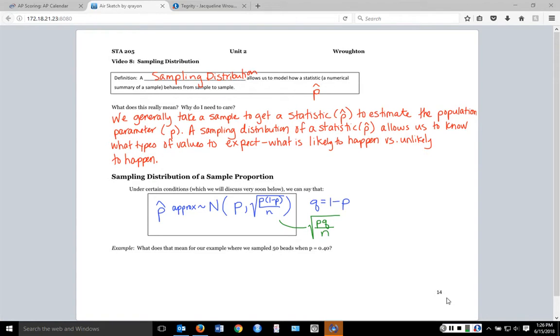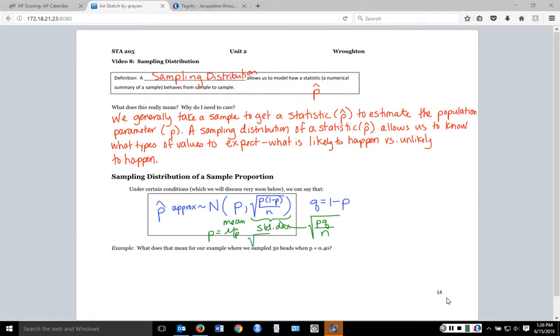Also, we're going to do a little bit of notation here on the side. So as I said here, this first number that we need is our mean. So another way that we can write this p, so this p that I have written here, is the same thing as the mean of p hat. And this that we have is our standard deviation.